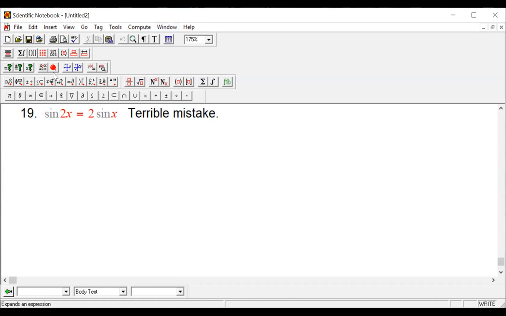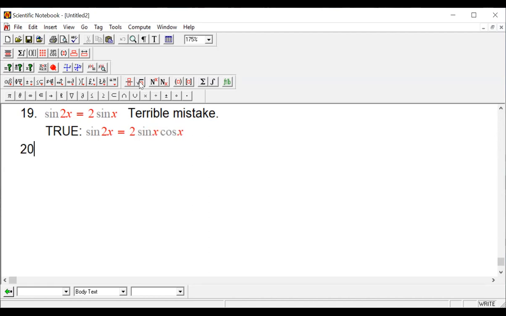So what is true about the double angle of sine? The truth is sine 2x is equal to 2 times sine x times cosine x.